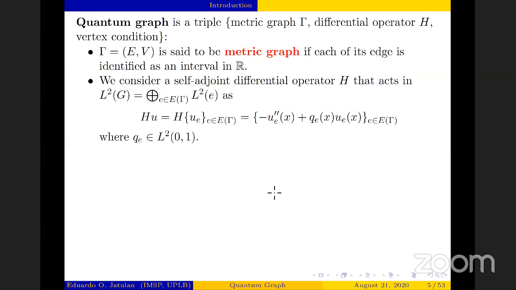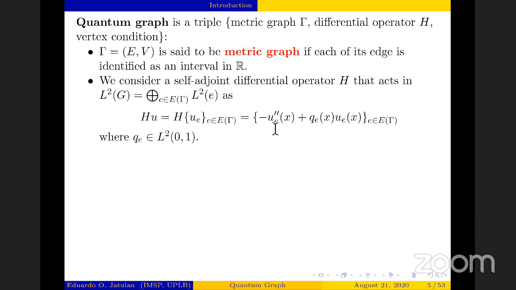In this talk, we are going to consider a self-adjoint differential operator that acts on this space on the graph. These are just the collections of functions that are defined on each individual edge, the direct sum of the L2 functions on each edge. This differential operator acts as this one.